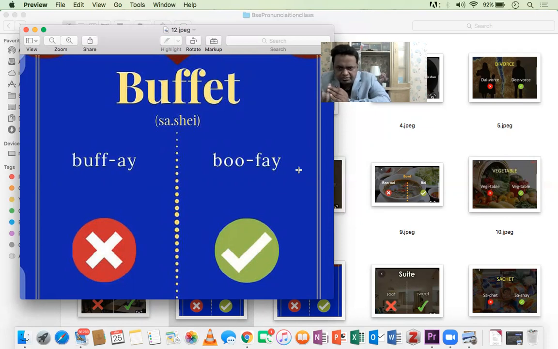There are 40 or 50 different dishes, and we just pay a set fee and eat as much as we like. It is a bit weird, but the U is giving an oo sound. So it is pronounced as buffet.